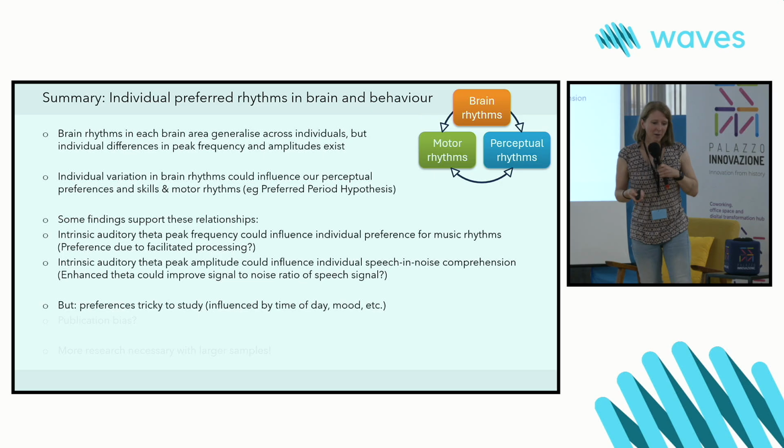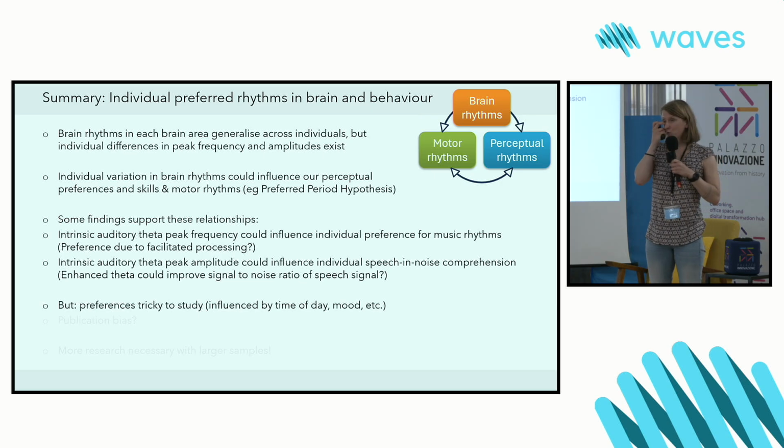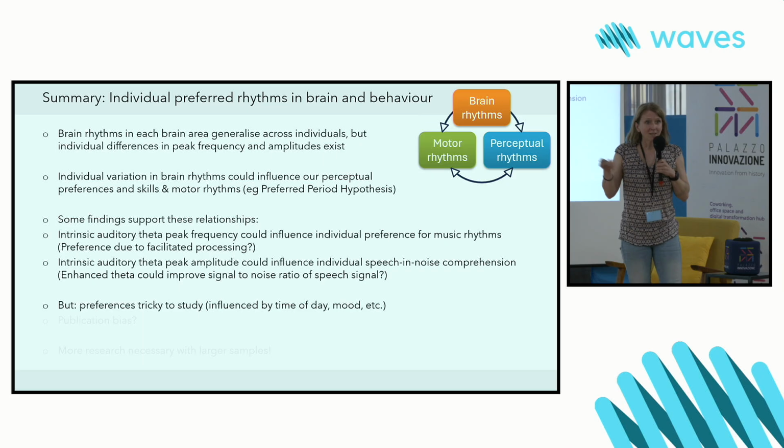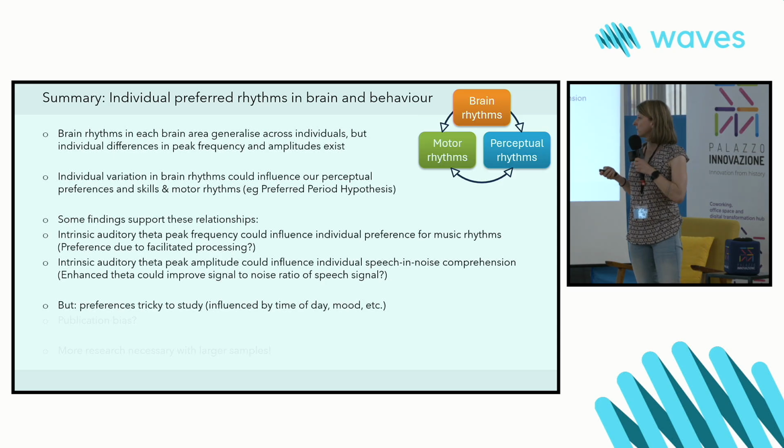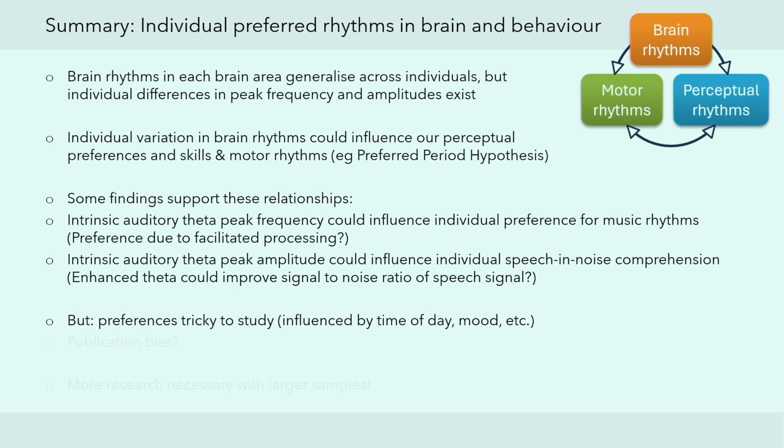But I have to say that testing those preferences is always a tricky thing to do. You need the compliance from the participants, but also I think the effects that we look at are very, very small. And there are other things that influence, for example, motor preferences or perceptual preferences, like the time of day, mood, heart rate. So I think looking at these brain-behavior correlations is quite tricky.